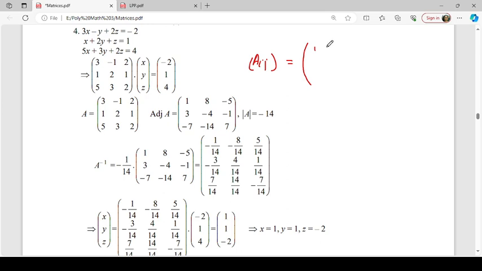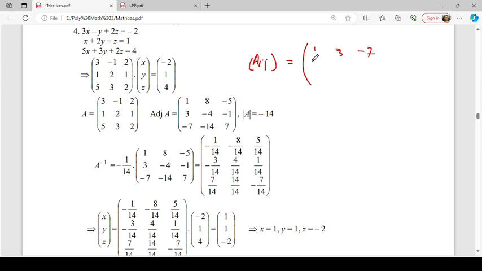Cofactor of A12 is 2 minus 5, it is minus 3, so this becomes plus 3. Cofactor of A13 is 3 minus 10, it is minus 7.